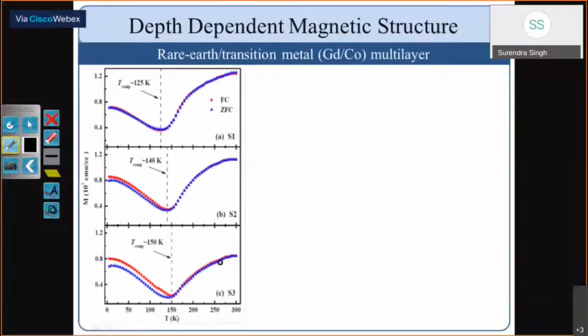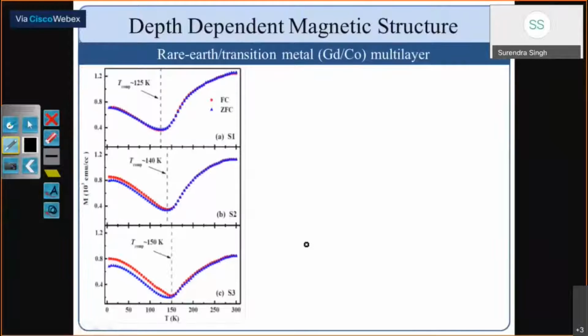Further, for S3 we found a little higher compensation temperature, 150 K, and the difference between FC and ZFC is large below this compensation temperature. Also, the net magnetization at room temperature is reduced because of this interface roughness and other things.